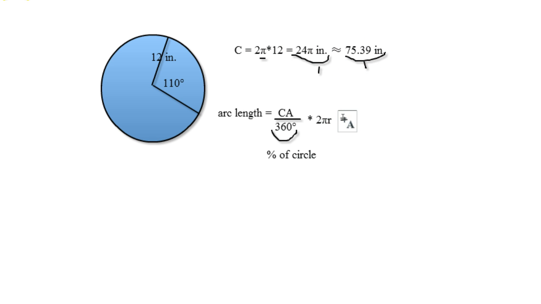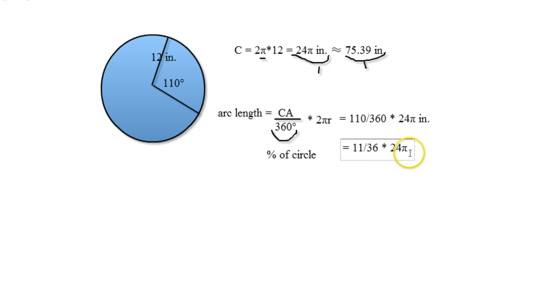So this is going to be 110 divided by 360, times 24 pi inches. Now what's going to happen is the degrees cancel out, and I'm left with 11 over 36 times 24 pi.